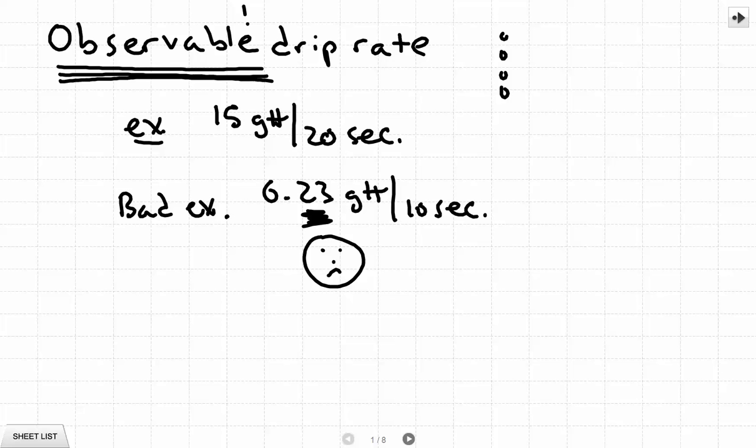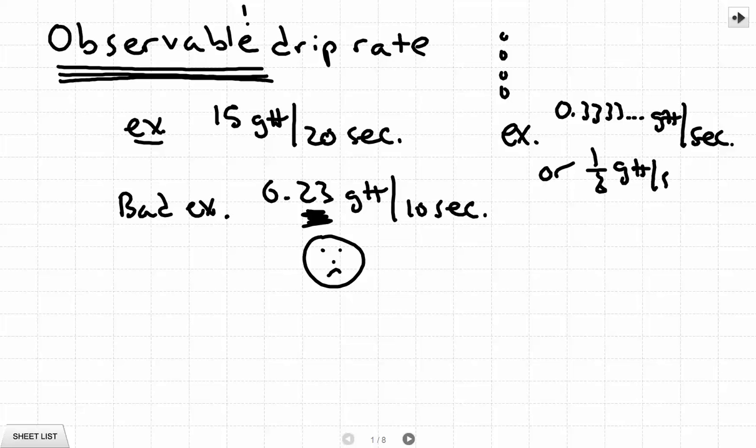And so when we do these drip rate calculations, we are going to end up with calculations that are not initially observable, but we're going to have to modify them in order to come up with an answer. So as an example, we might get something like 0.333333 drops per 1 second, which would be the same as 1/3 of a drop per second.